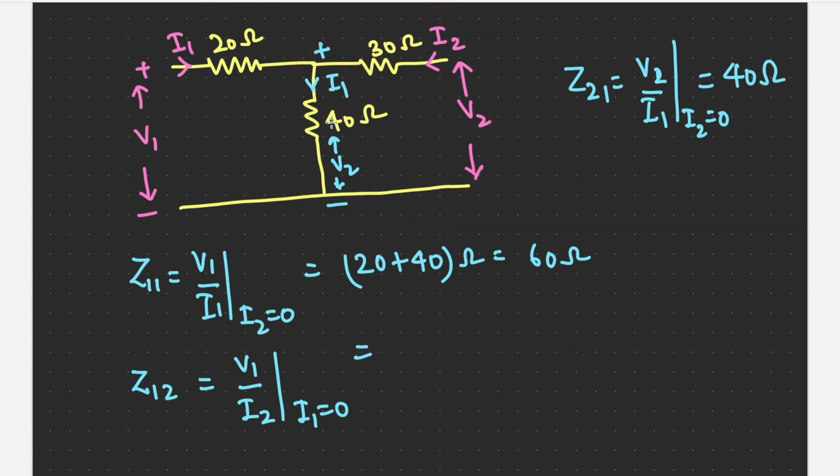And V1 by I2: the voltage across this will appear here as V1 in this case, and V1 by I2 is nothing but 40 ohm. So Z12 is 40 ohm, and Z22 is the addition of these two, 30 ohm plus 40 ohm, so 70 ohm.